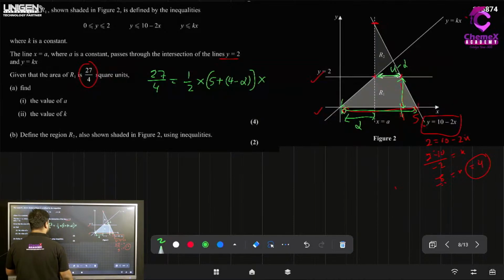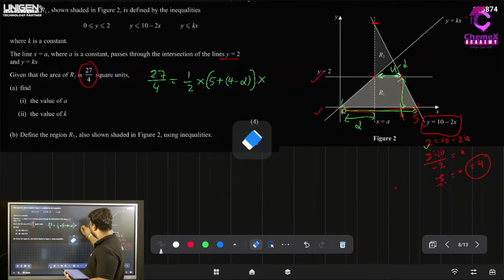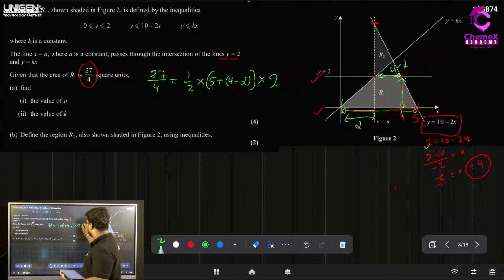So the height we found as 4 because when y was 2, x was 4. So, sorry, height is 2, not 4. Why? 4 is the x coordinate. It's 2. So this and this cancel off.